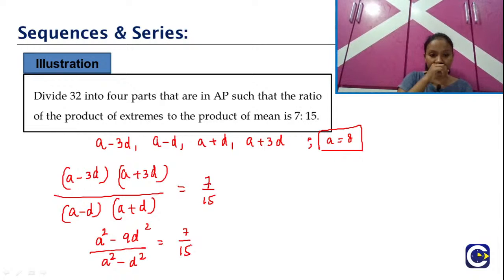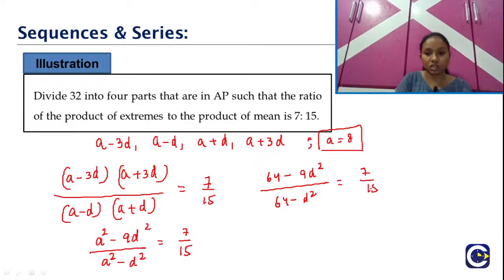So this here will be equal to 7 by 15. Right. So now we have A square minus 9D square divided by A square minus D square. Let's do the simplification and substitute the A value here. Only we require D. So now it will be 64 minus 9D square over 64 minus D square, equal to 7 by 15.